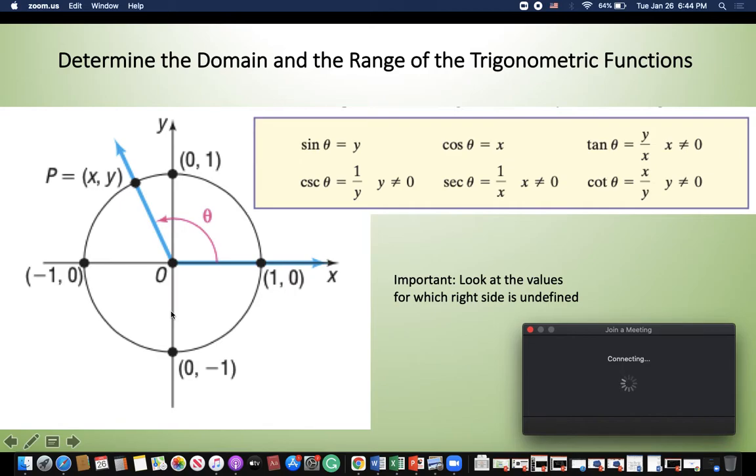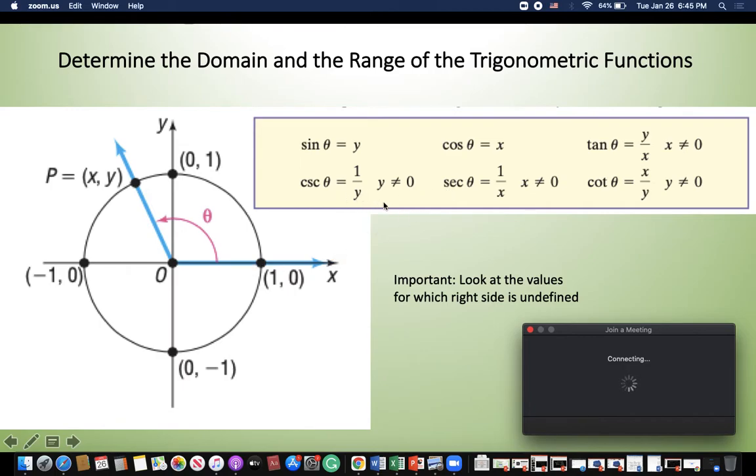So which will be 360 plus 270, that means at 630 degrees this will be undefined again. So this way we can understand when this function will be undefined.